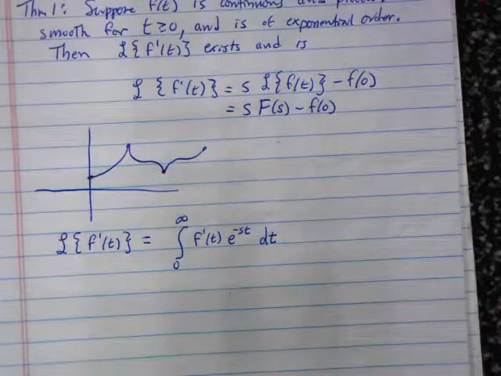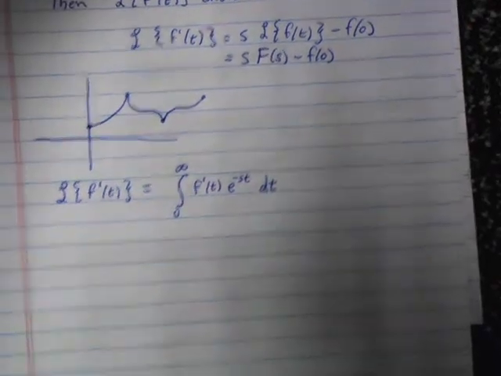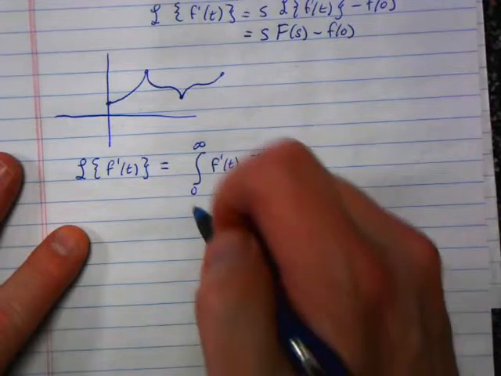How would you integrate that? You would integrate by parts. You could do the tabular method if f prime of t goes to 0, but I don't really know anything about f prime of t. I don't know what it's going to do. So I'm just going to do some integration by parts here.